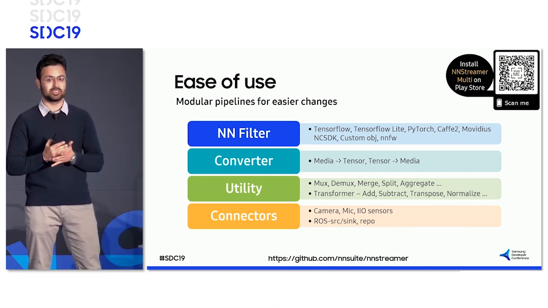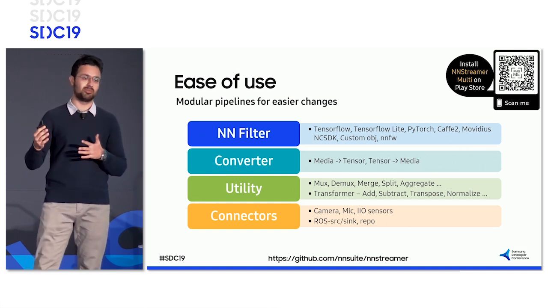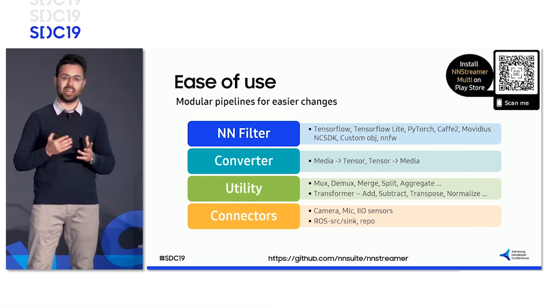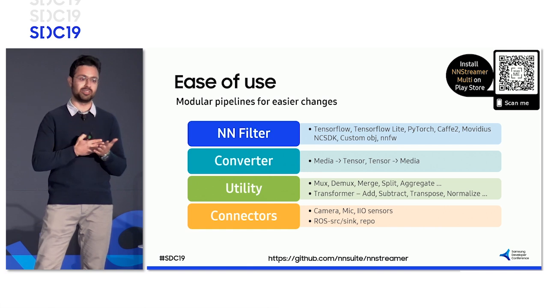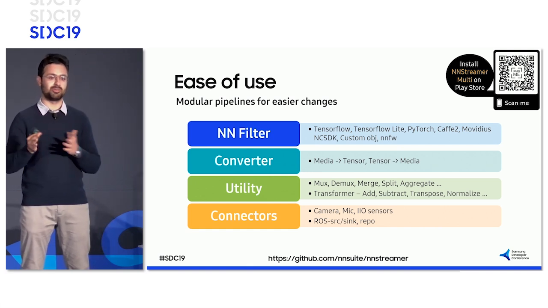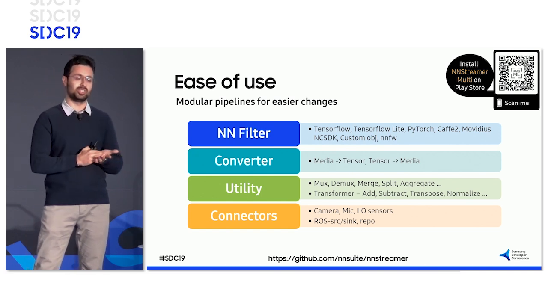And we have connectors. The connectors play a major role if we want to interface our pipeline with outside elements. If we have sensors in our phone, we have microphone and camera, and you want to interface those with the pipeline, you can use these connectors directly. You don't have to worry about what is the interface of those inputs.